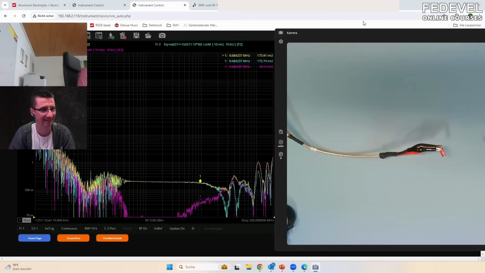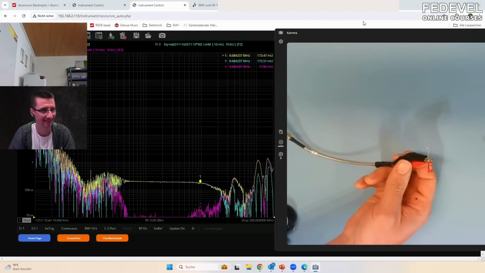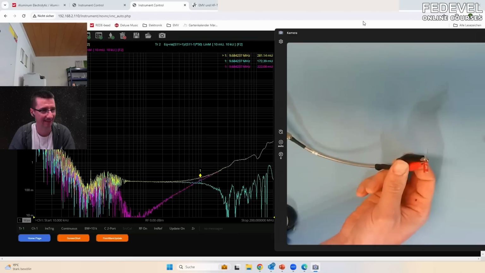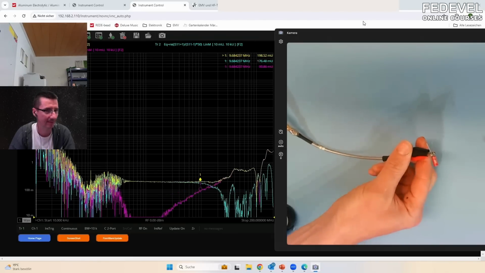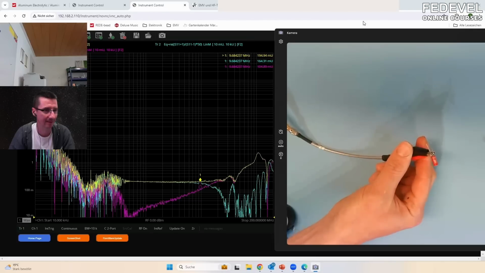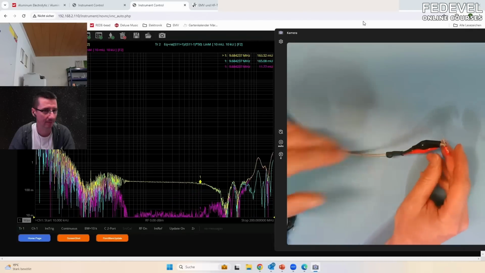It is already in such a low ohmic region that you have an influence depending on how your connection lines are. You see, when I squeeze it a little bit, already the calibration is not valid anymore. But what you can actually see is it's much lower than before.